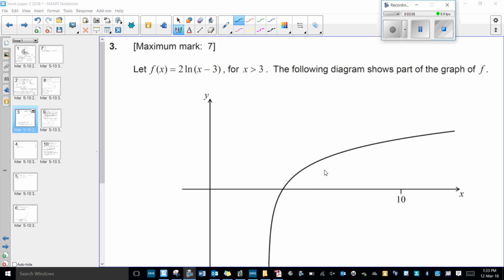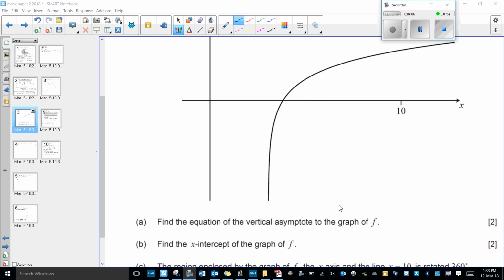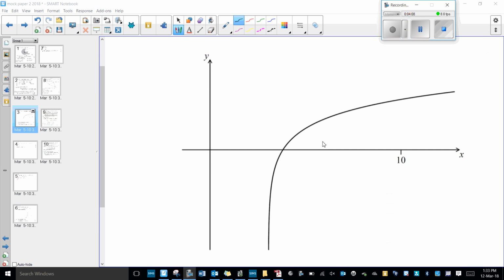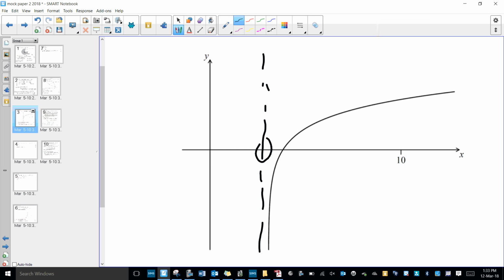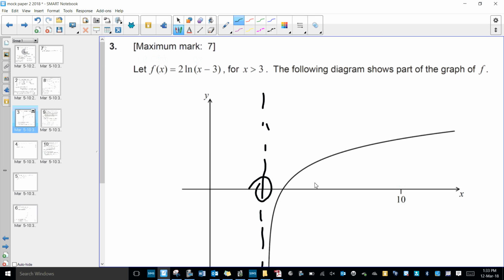Shows a graph diagram, find the equation of the vertical asymptote. So we're looking to see what's this value here. There are different ways of doing this. The best thing to do probably is to sketch it at least on your calculators.